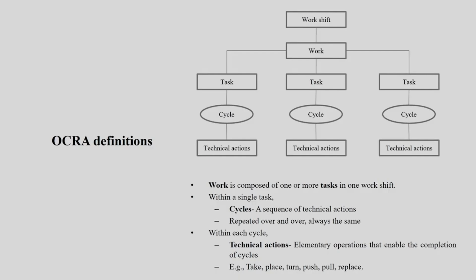So you are getting the repetition. So this repetitive factor is coming into the picture. Once there is a repetition, while doing that task, you have very small elements in that task. So that is the technical action. So let us understand the definition of each item.